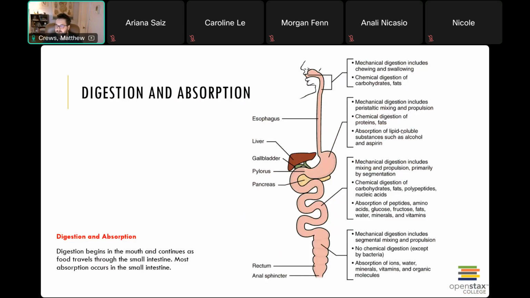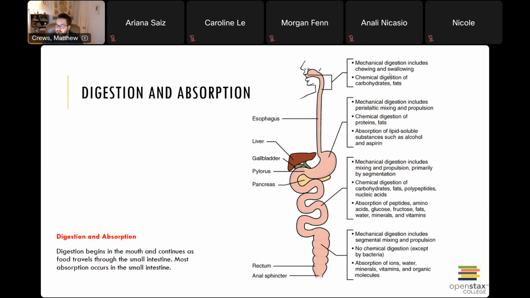There's also more chemical digestion of proteins and fats. Stomach acid breaks down proteins. You're taking the lime juice, you're squeezing it on a steak, you're creating ceviche. Fish, you're creating ceviche.